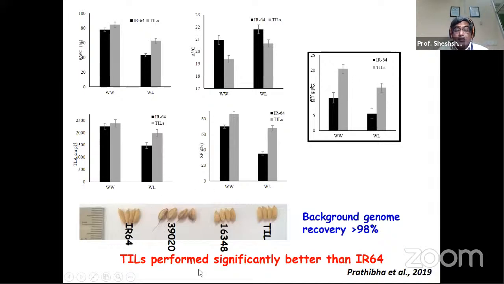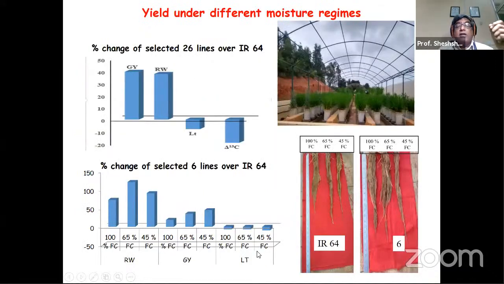And therefore we believe that the trait introgression lines performed better than IR64. Then we analyzed these things for closer variations from about 260 of the trait introgression lines. We identified 26 best ones, and they had better water use efficiency because of the reduction in delta 13C. There's an inverse relationship between them.